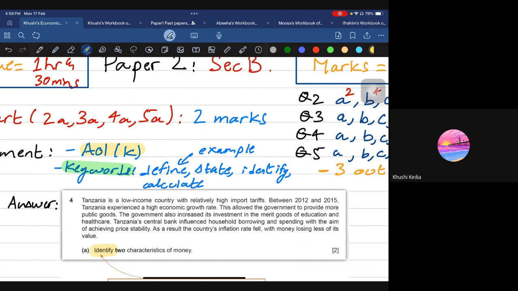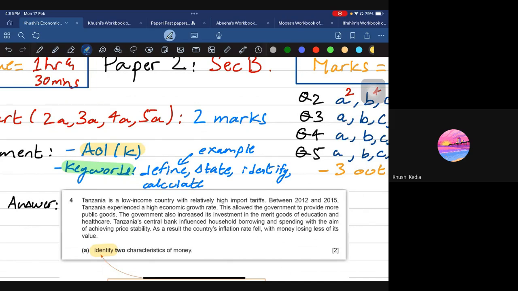So this is one of those questions. And Khushi, I've seen in candidate responses as well that the students are sometimes, even the B part, even the C part, giving in points.